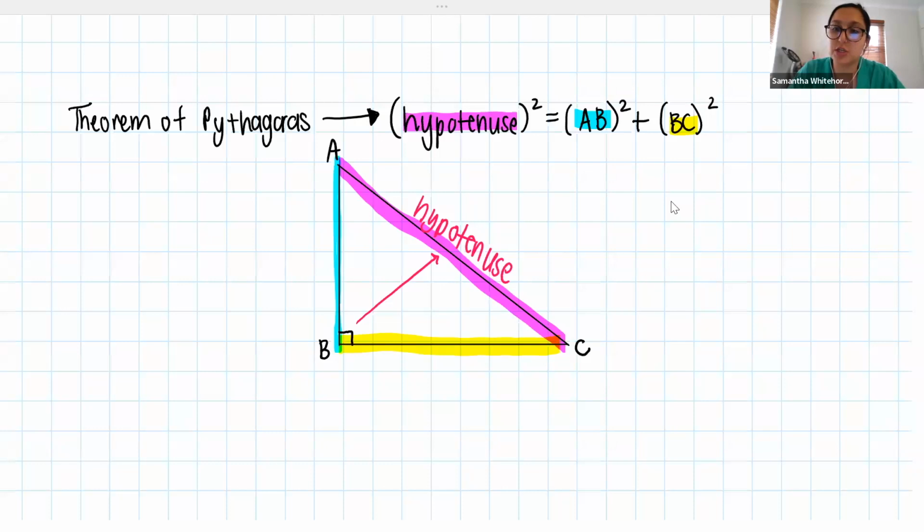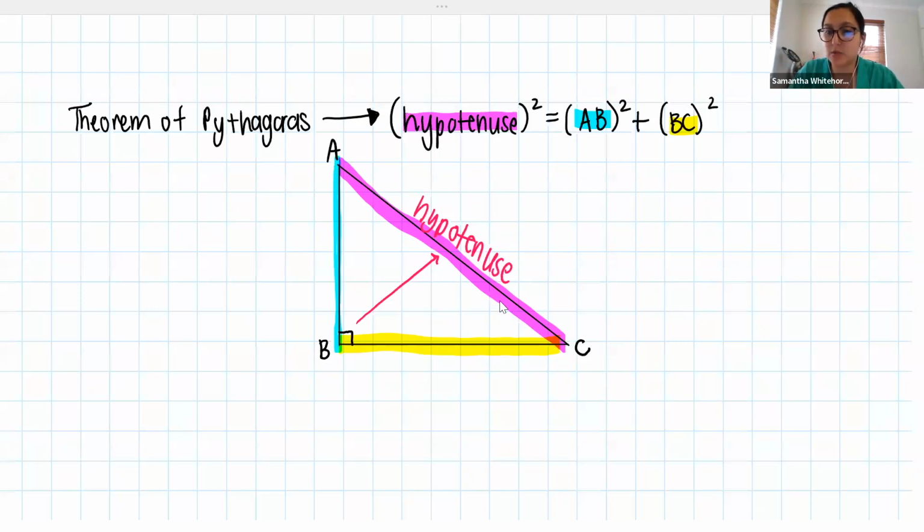But those are the two things you need to do first. If at any point you can't hear, you need to double check your audio selection, or again, log out and log back in again. Right, so I'm asking again, does anyone have any questions? Raise your hand or put it on the chat. Are we okay with what Pythagoras is? Because now we're going to put it into practice.